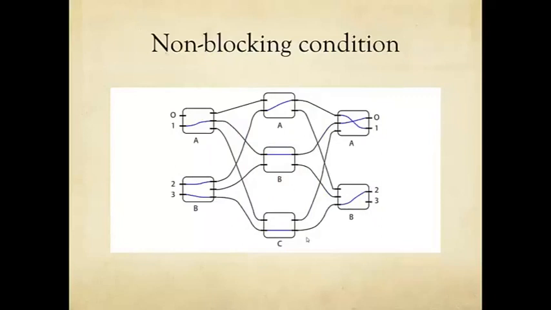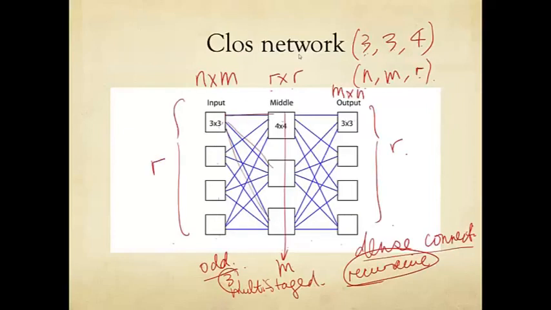For example, what kind of condition can guarantee non-blocking properties in a Clos network? Without showing you the answer first, what we really need is that there are enough middle switches, and there are m of them.